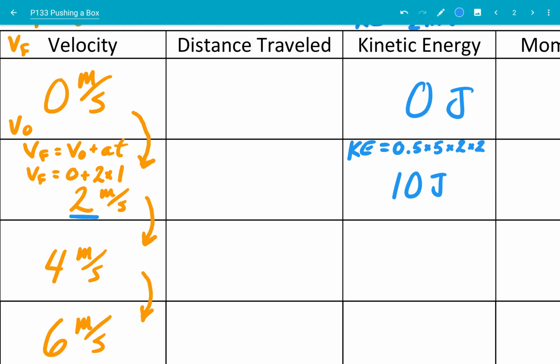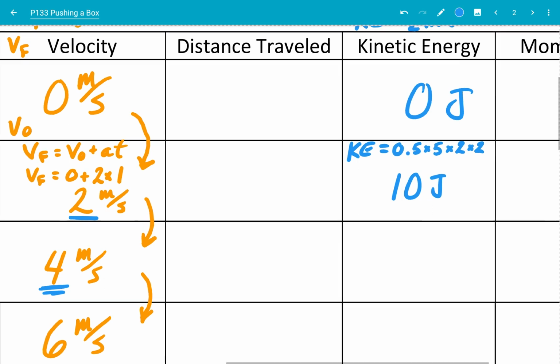Then, for the next one, we have 4 meters per second, and so our kinetic energy is going to be bigger. We're going from 2 meters per second to 4. And you might remember, when you double your velocity, you quadruple your kinetic energy. We'll see that right here.